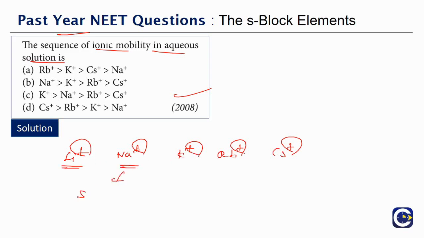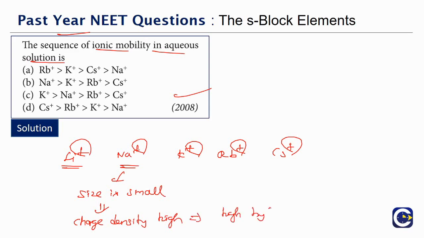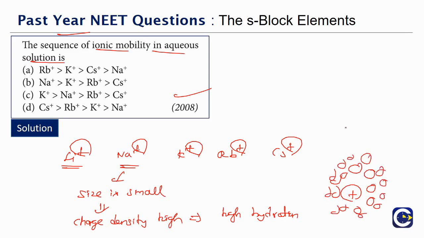When the size is small, it means the charge density is high, and that results in high hydration. That particular ion will be surrounded by more water molecules. So the effective size of the ion will be more.